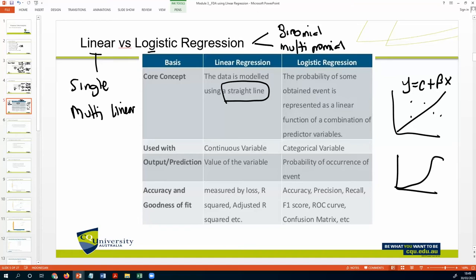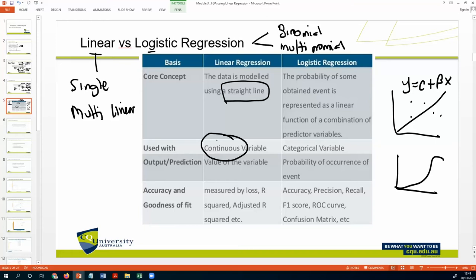In linear regression, the data must be continuous variable data. What is continuous variable data? Data like your salary, your age, your weight.